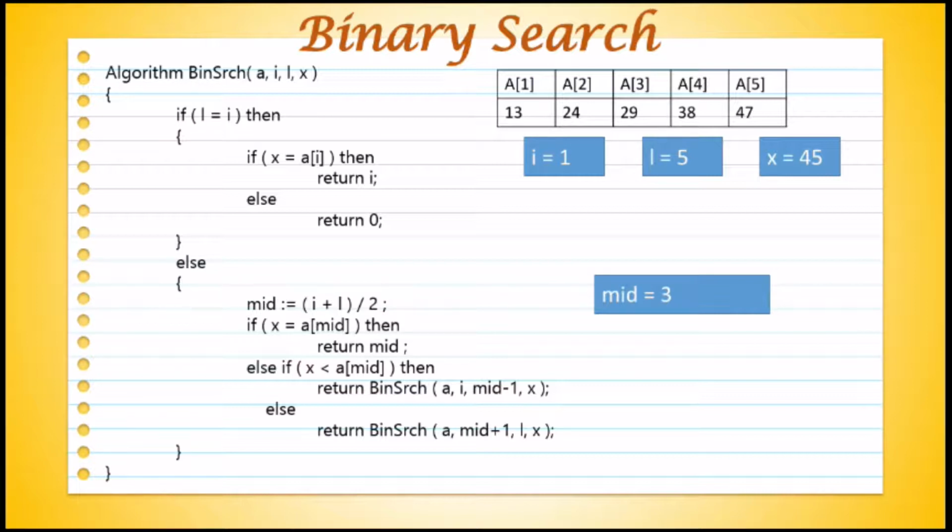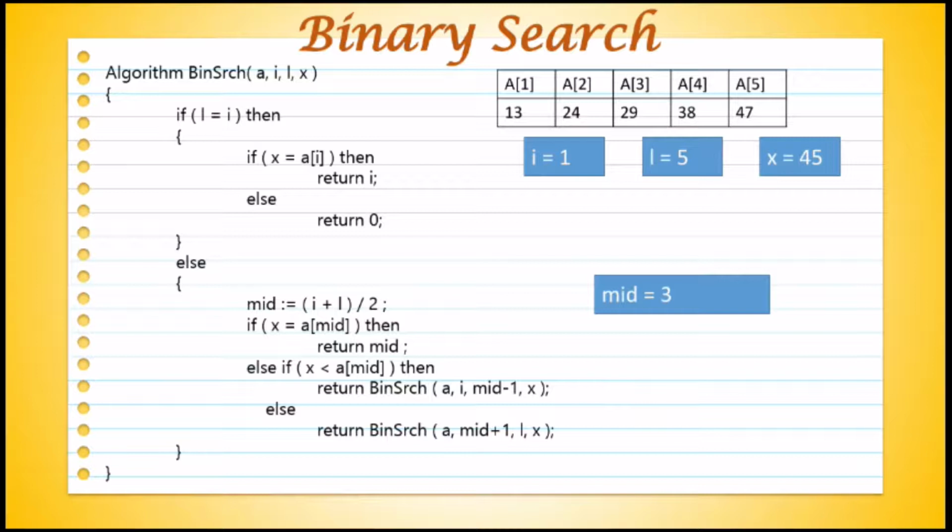In else if we are checking whether X is less than A of mid. So is 45 less than 29? Even this condition is false. That means we will execute the else part.